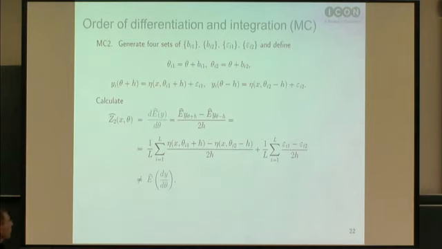You can also do it in a different way. You can just do brute force Monte Carlo. For different values of h, plus or minus, you can generate different thetas and different epsilons. And if you look at the simple algebra, you will end up with something very different, and it's really messy. You have to pay much more attention to the balance between the number of Monte Carlo simulations and step size.